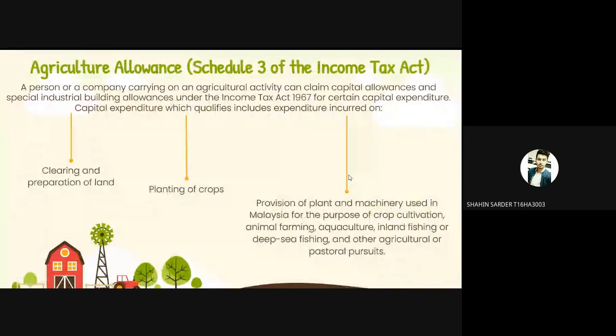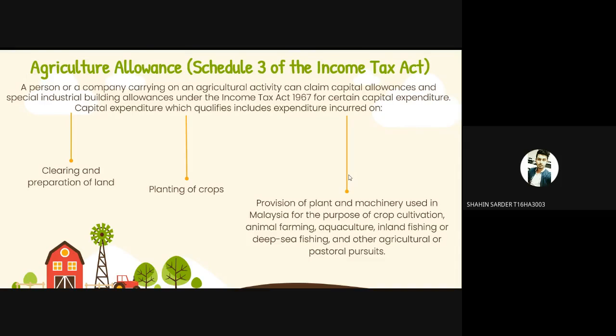Next is agriculture allowance, which is under Schedule 3 of the Income Tax Act. Just now Jennifer explained the reinvestment allowance, it is actually the same. We can say same. Capital expenditure that will qualify are clearing and preparation of land, planting of crops, provision of plant and machinery used in Malaysia for the purpose of crop cultivation, animal farming, aquaculture, inland fishing or deep sea fishing, and other agriculture.